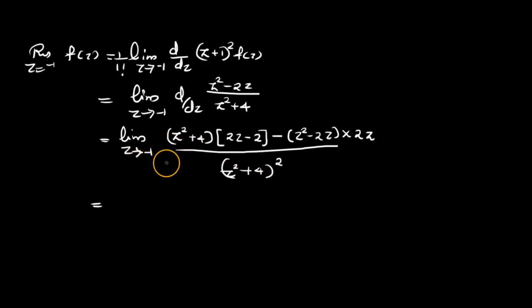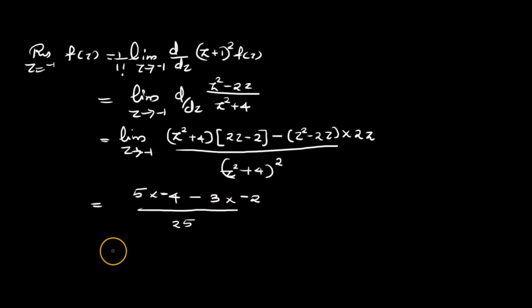This is (4 + 1 = 5) times (−2 − 2 = −4), minus (1 + 2 = 3) times (−2), divided by (4 + 1 = 5) squared, which is 25.